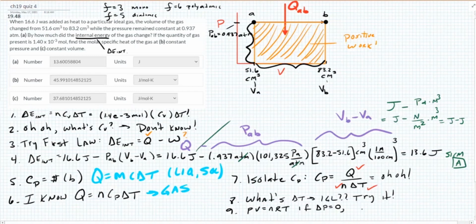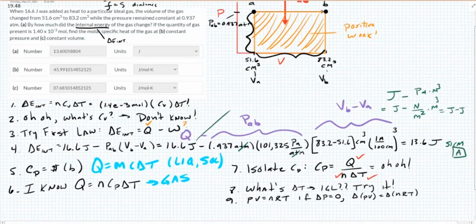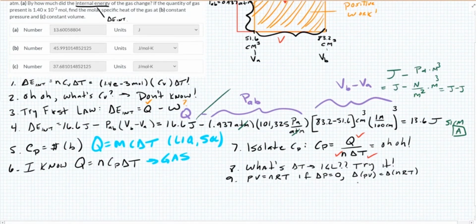I'm going to take the delta of both sides. So this is how I think of it. I'm going to say delta PV equals delta nRT. I'm taking the delta of both sides. I'm basically just differentiating both sides. If P is constant, then it's just going to be P delta V, because again, P is constant. And on the right side, N and R are constant, so N and R can come out.